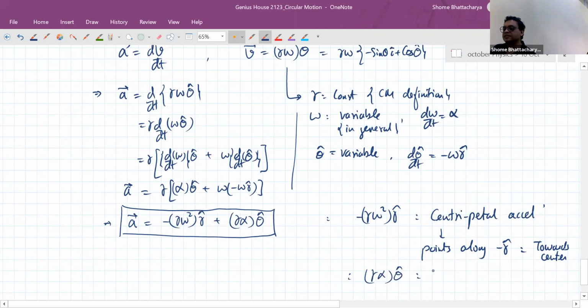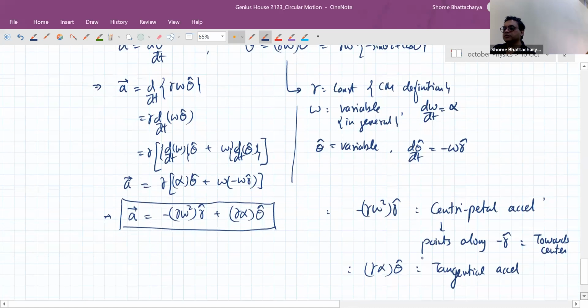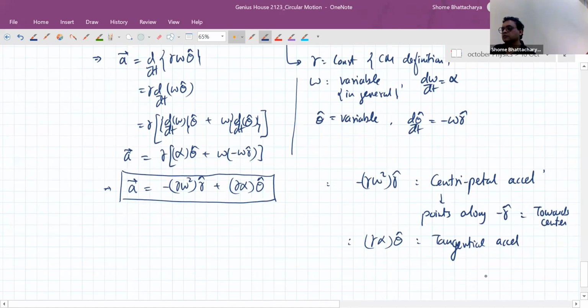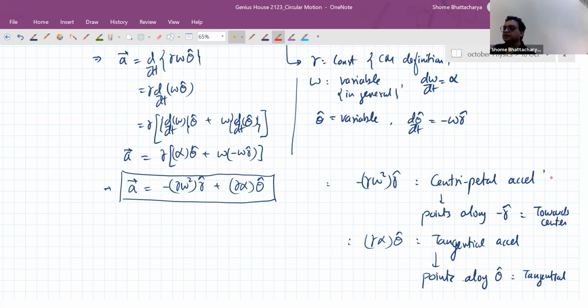Whereas the term r alpha into theta cap is called the tangential acceleration because it points along the tangential unit vector. In fact, we can give these a special symbol: centripetal acceleration, and tangential acceleration.